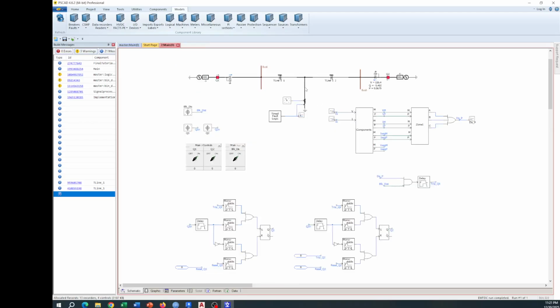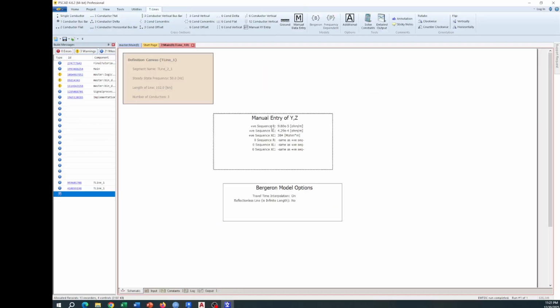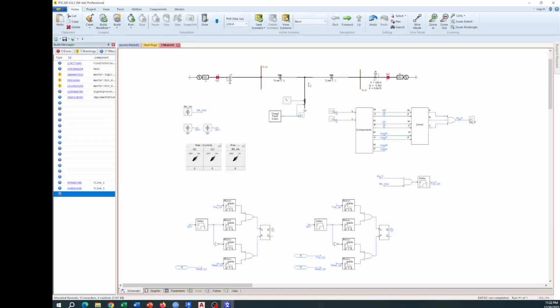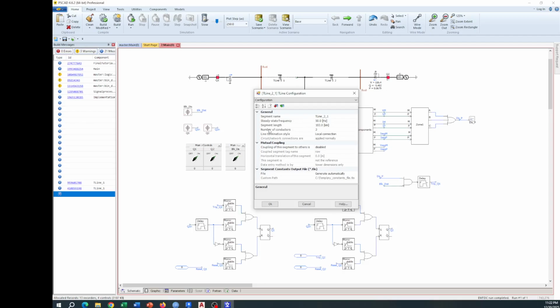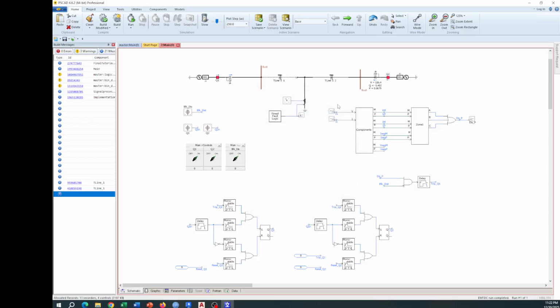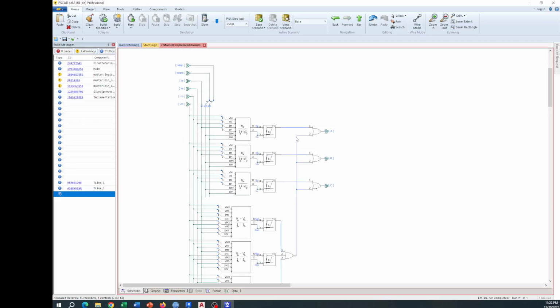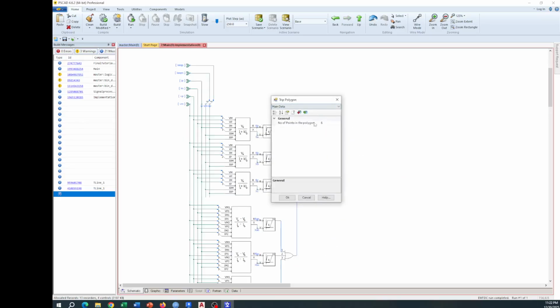First let's see. Here I have a resistance of 9.80 e to the power minus 5, and a reactance of 4.29 e to the power minus 4, and the length of my transmission line is 102 kilometers. I will use this to find the coordinates.